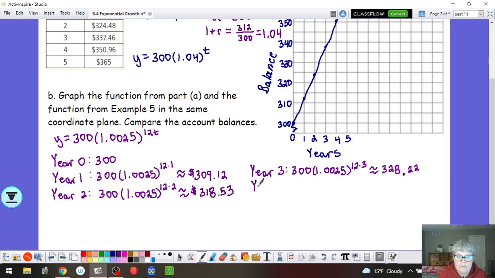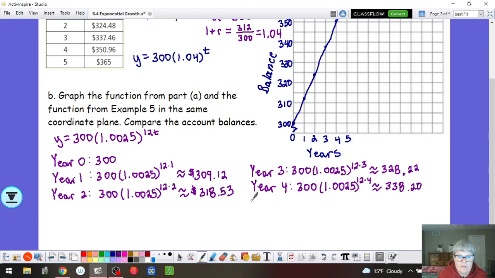Year 4, we're going to end up multiplying 12 times 4, or the power of 48, and we have 338.20.